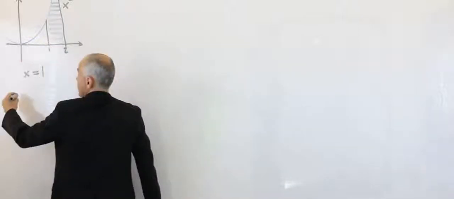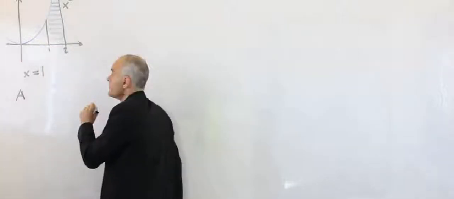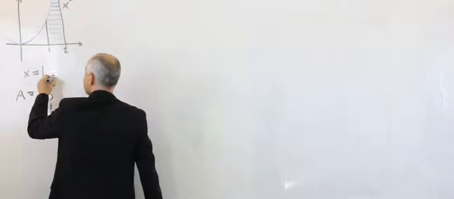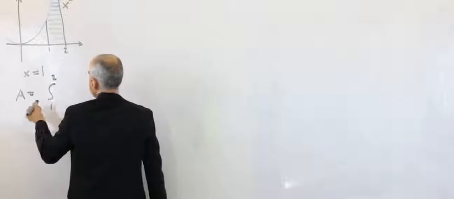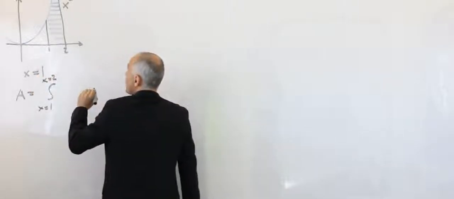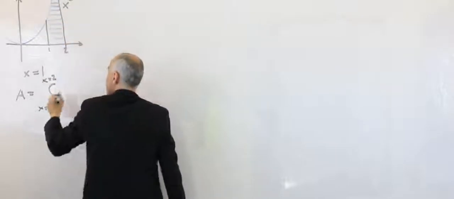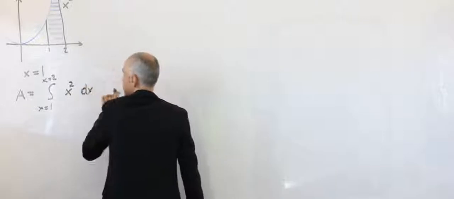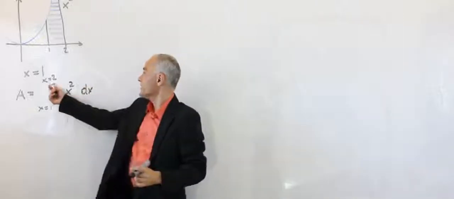So this area, A, is equal to the integral from 1 to 2. You can write x is equal to 1 to x is equal to 2, if you will, of the function x squared. And don't forget to write this dx. Dx is part of the integral symbol.